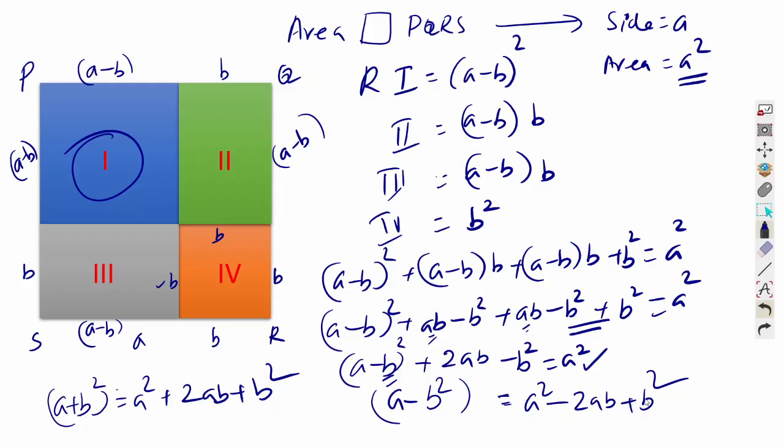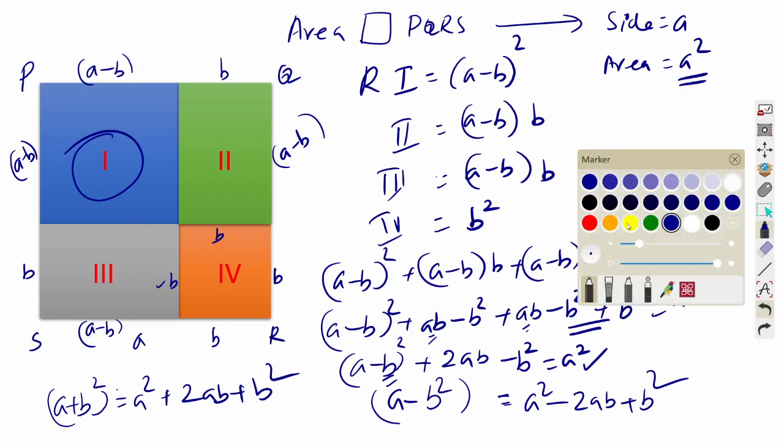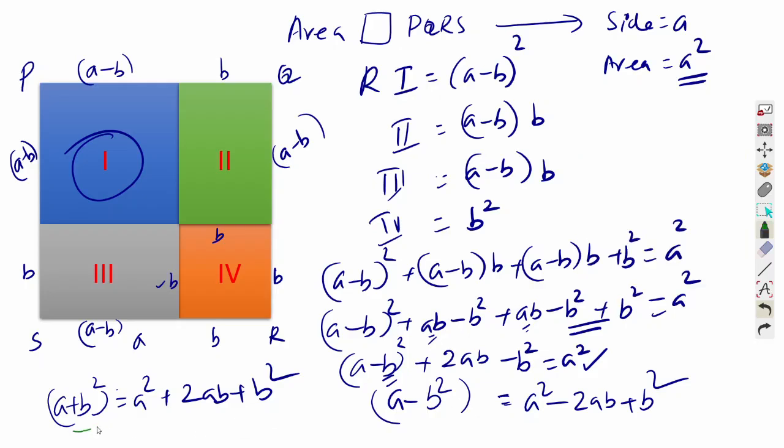First one was a plus b whole square is equal to a square plus 2ab plus b square. Now it is a minus b whole square is equal to a square minus 2ab plus b square.